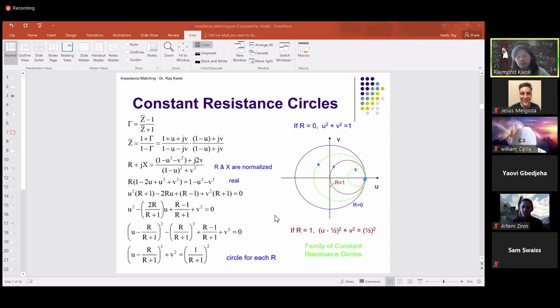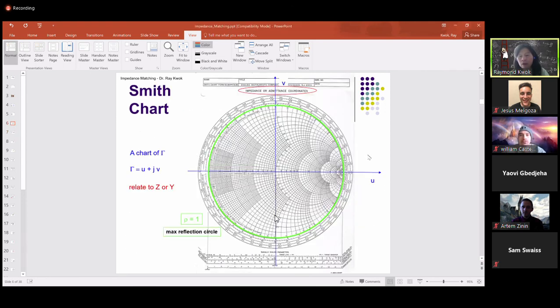Right? So looking back to my Smith chart, by the way, you have a Smith chart on Canvas. You can download it and print it. You see all these circles here? This is the circle we're talking about. These are the family of circles. You see all these, so many.